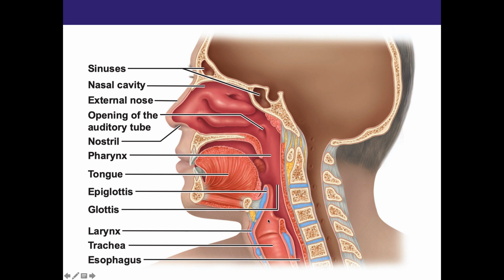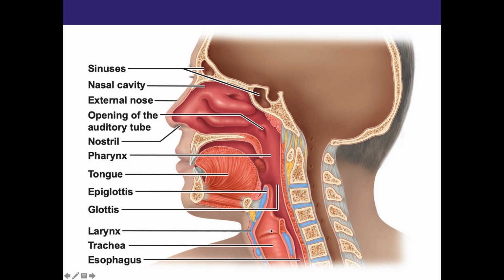The glottis. This whole area right here is considered the glottis. It's the supraglottis and subglottis, and it's really all within this area right here. So when you eat, this epiglottis bends down again. It folds over to protect the windpipe, the trachea, when you swallow.